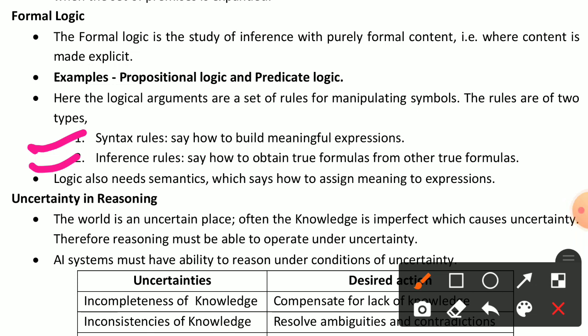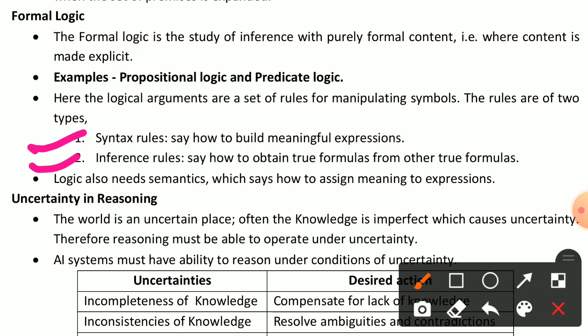In the first rule, the syntax rule, we say how to build meaningful expressions. We can make sentences and find the particular meaning of each expression or sentence. This is our first rule, known as the syntax rule. Second, the inference rule.